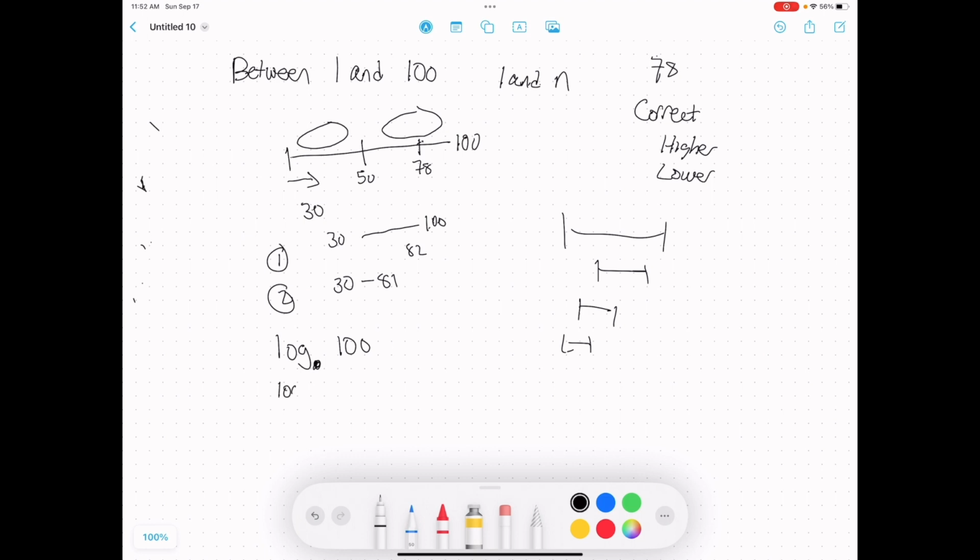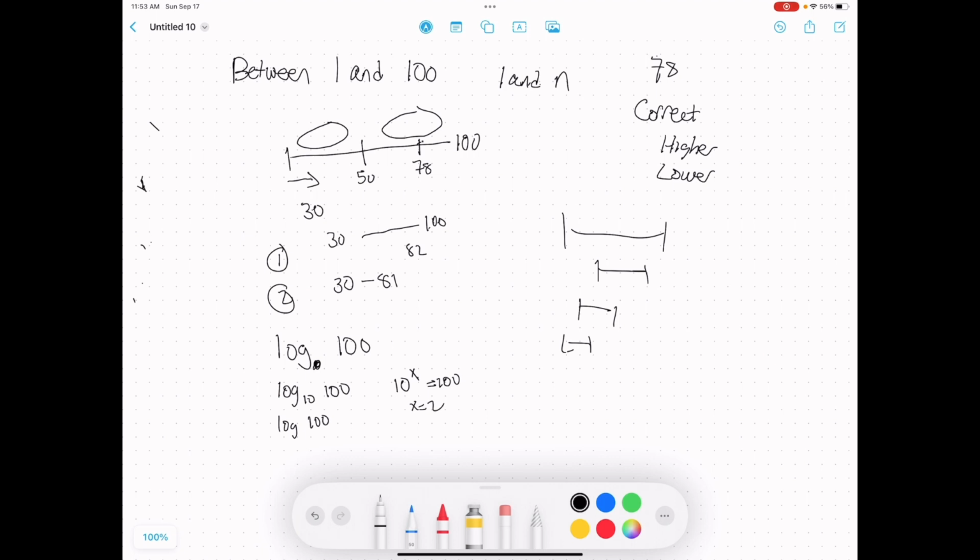So log base 10 of 100 and log of 100 are the same thing. And what does this tell us? When you have log base 10 of 100, it's basically saying 10 to what power would give you 100? Well, we know that 10 squared is 100, so x would be 2. So a log of 100 would be 2 in this case.